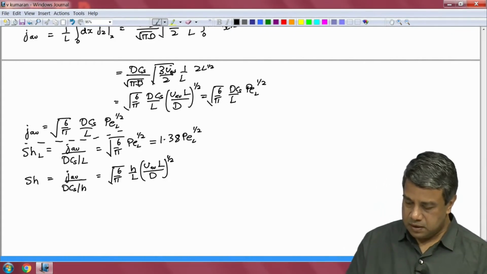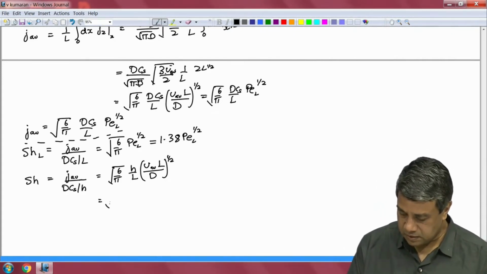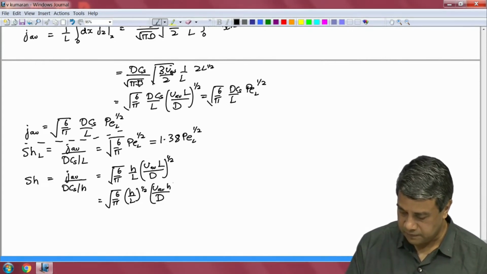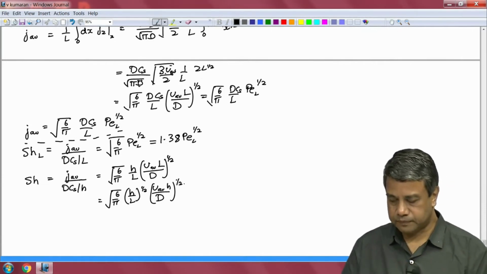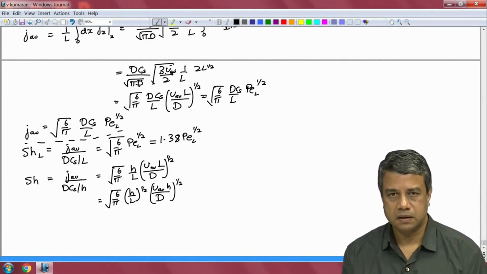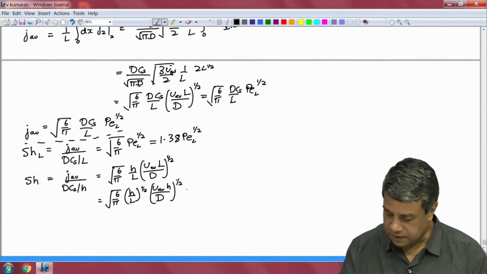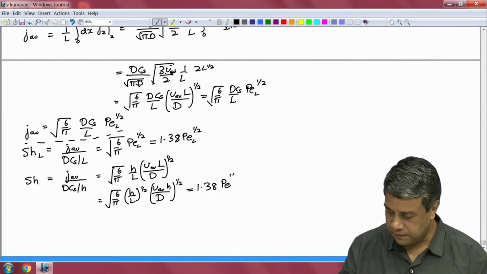So, this I can write as root of 6 by pi, H by L power half, into V average H by D power half. You are just rearranging the terms, and this you can easily verify. This is just equal to 1.38 times Pe power half into H by L power half.